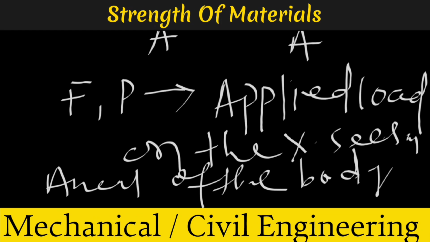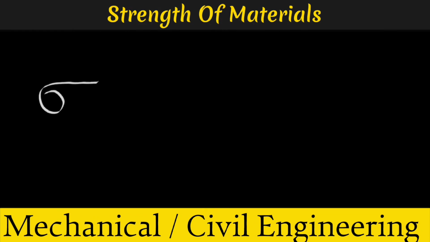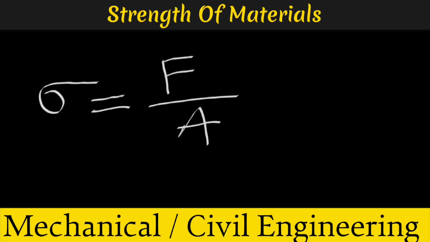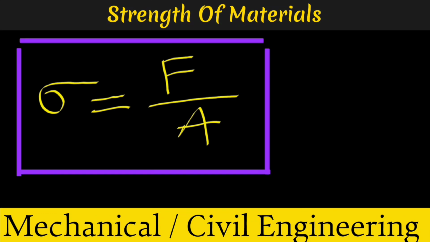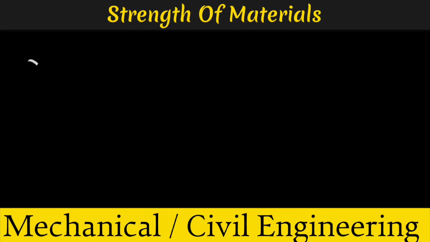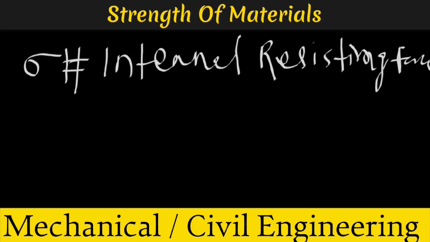So the normal stress sigma is equal to the internal resistance force F by the cross sectional area A. This is the formula for the normal stress. You can see here, stress sigma is the internal resisting force.